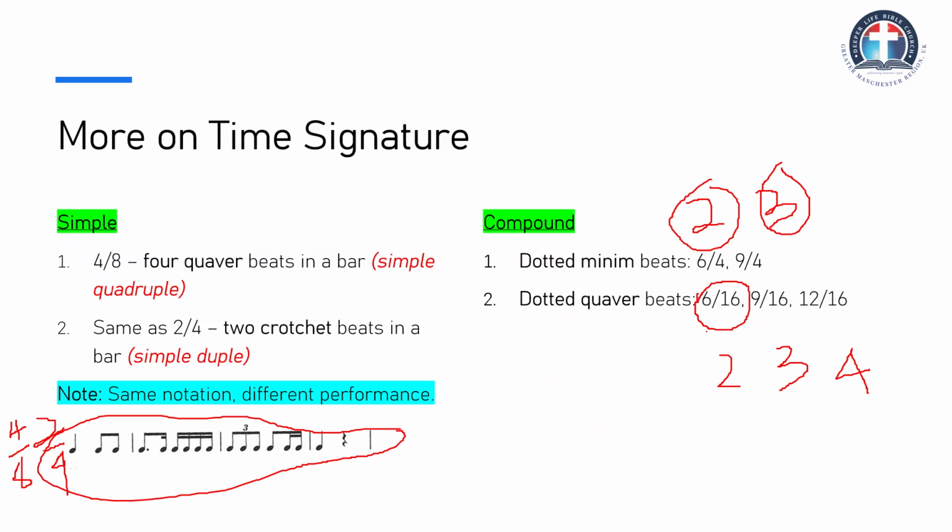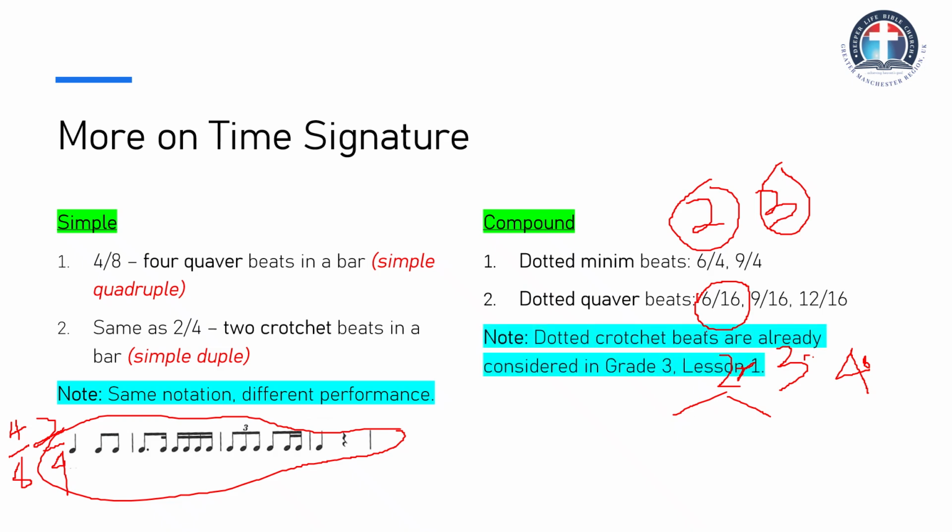If you divide these three semiquavers, then the other three semiquavers, you end up having six semiquavers. That is 6/16. So this is two dotted quavers in a bar, three dotted quavers in a bar, and this is four dotted quavers in a bar.